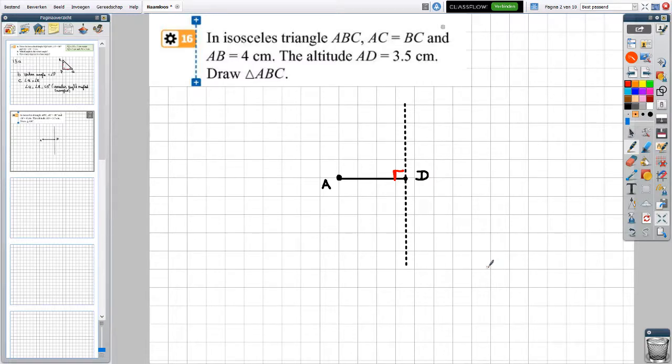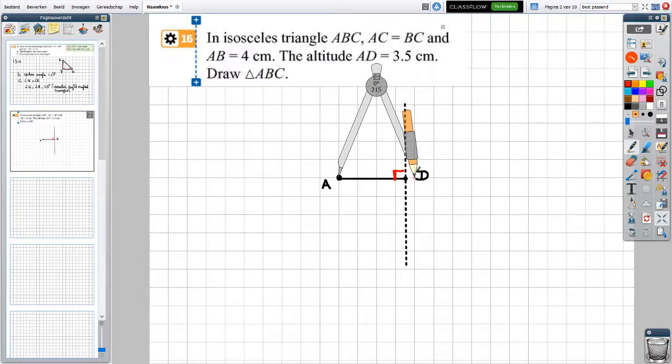Luckily, I do know in this case that AB is 4 centimeters. A is here. How can I now calculate how long AB should be? What I could do is turn my pair of compasses to 4 centimeters, which is right here.